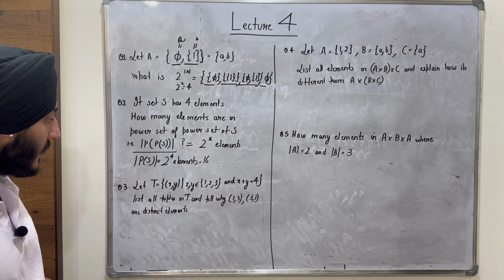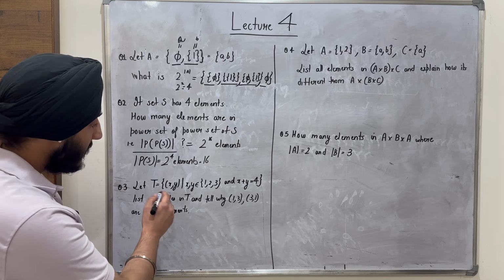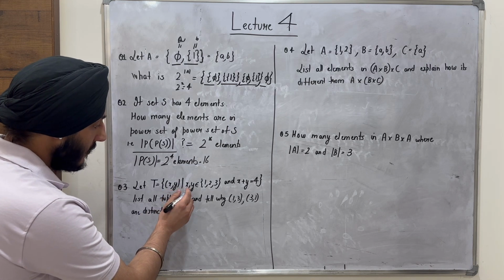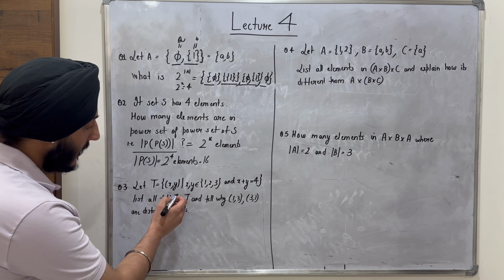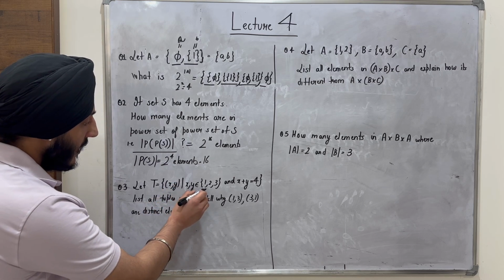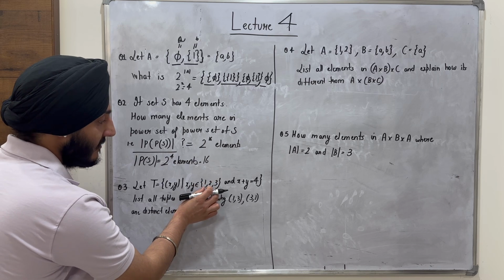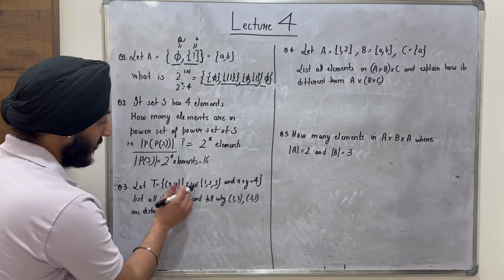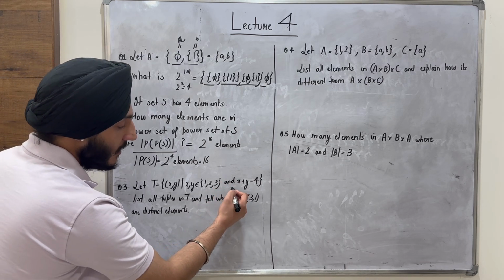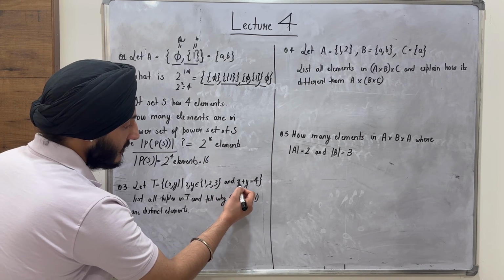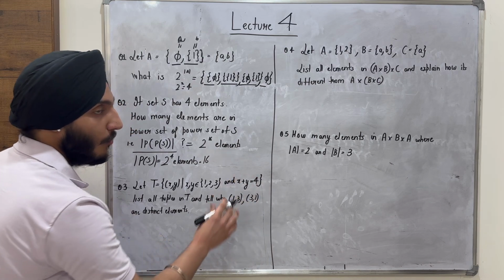The basic point is that this set has tuples, and these tuples contain the elements x and y, and these x and y are elements from this set, right? So x and y can either be 1, 2 or 3, and we have been given another condition such that x plus y should be equal to 4.